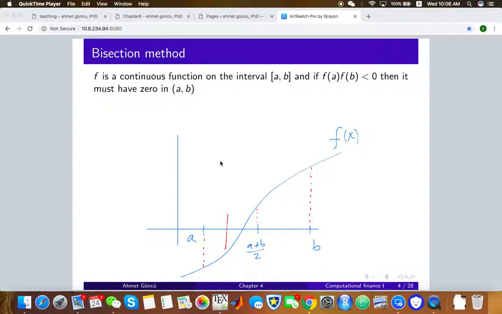What you need to do is take the cut at the midpoint, and we will evaluate whether there's a change in the sign on the left half or on the right half. You can see that on the right side, f of midpoint and f of b have the same sign. That means there is no root in this area.